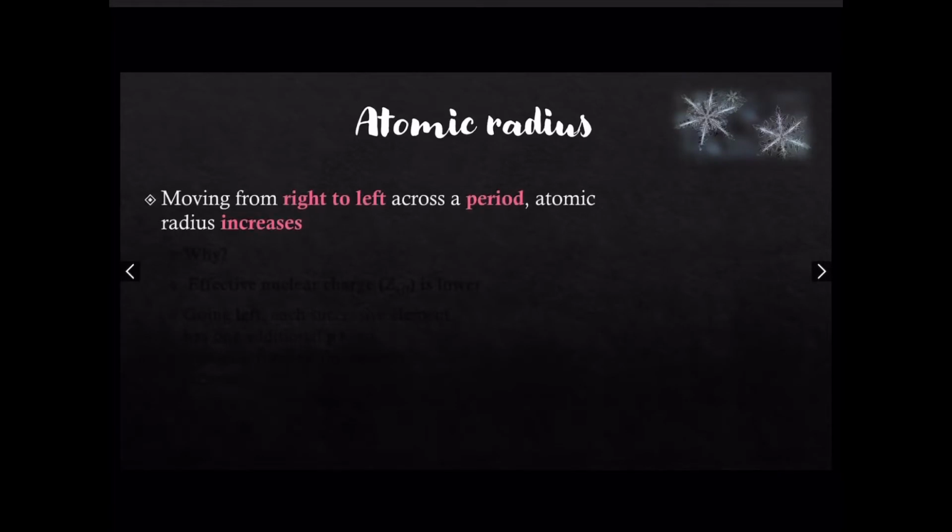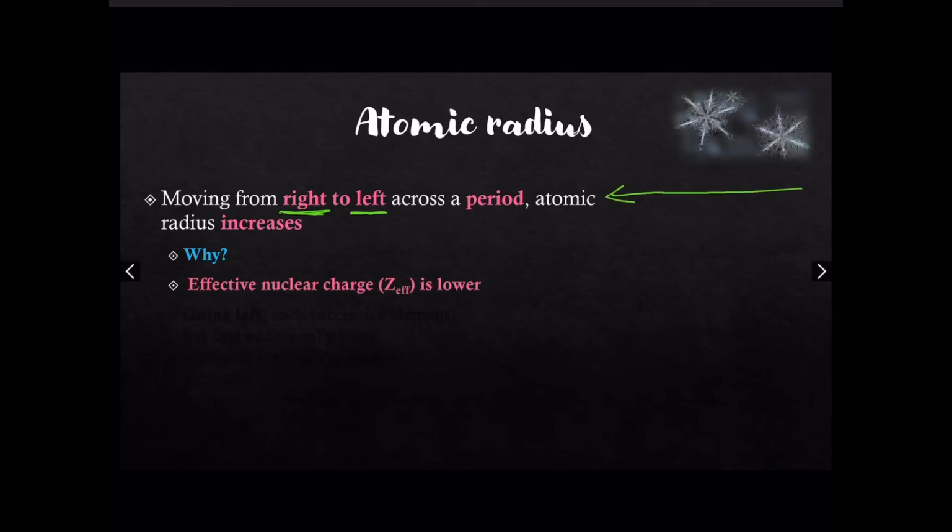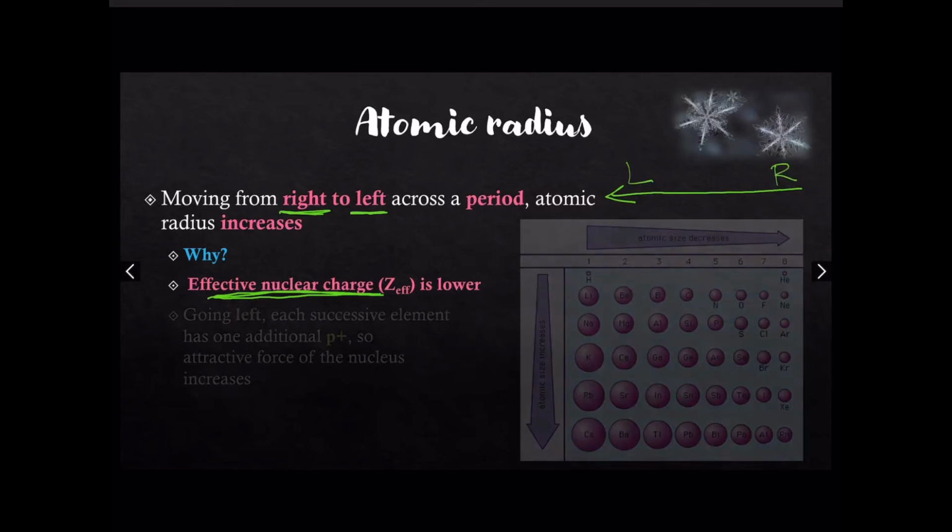When we move right to left, so this time we're talking about moving right to left across a period, the atomic radius increases. So let's consider why. It's because as we move this way, right to left, the effective nuclear charge is lower because the number of protons is lower, moving from right to left in a period.